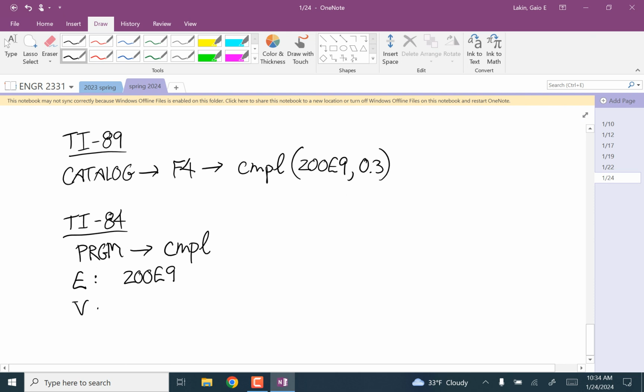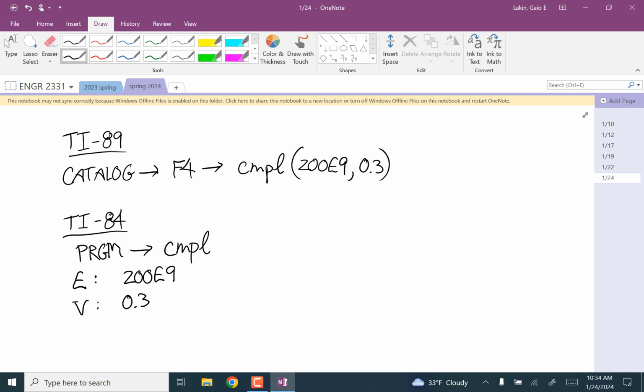And then it'll prompt you for V, and you'll say 0.3. And then, depending on how you ended the command, I think it'll either show you the matrix on the screen or it'll show you nothing. But either way, once you run it, that matrix will be inserted into whatever matrix you used when you programmed it.